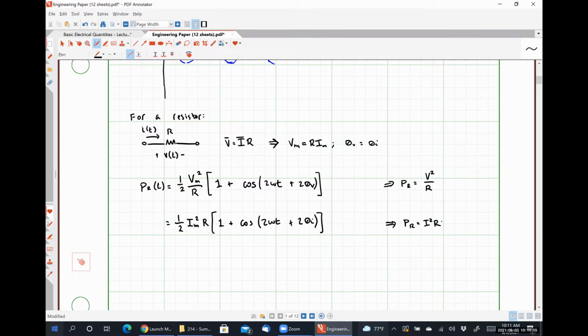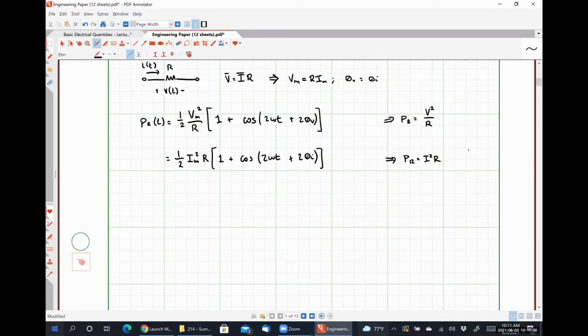The value is going to be different, but they do have a relationship that is similar. There's a factor of 1/2 that we have to worry about, and there's also that AC term superimposed on top. So it's loosely familiar, but there's a little bit more that we need to pay attention to.